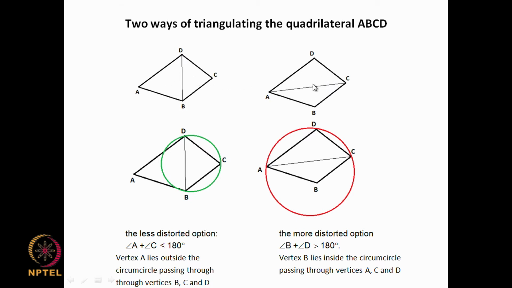So, which of them is more desirable is that, for example, if you take these 3 points and you draw a circle which passes through all these points, and if the fourth point is lying outside, then this is good because it is producing two triangles here, and this is almost more equilateral than this. You have a long length here and a short length here.